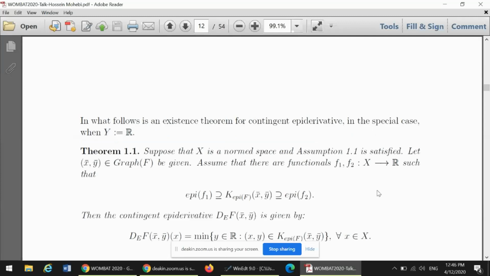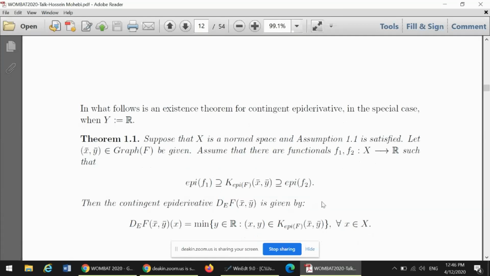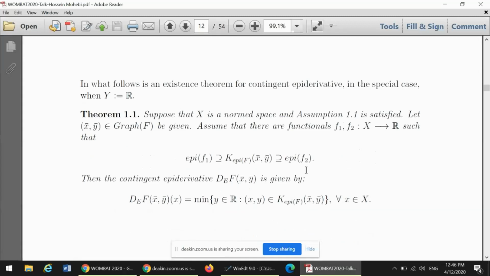We give an existence theorem for cotangent epiderivative in the special case whenever Y is R. Suppose X is a normed space and assumption 1.1 is satisfied. Let x bar and y bar belong to graph of F. Assume the functionals f1 and f2 from X to R satisfy these inclusions. Then the cotangent epiderivative of F is given by this minimum.